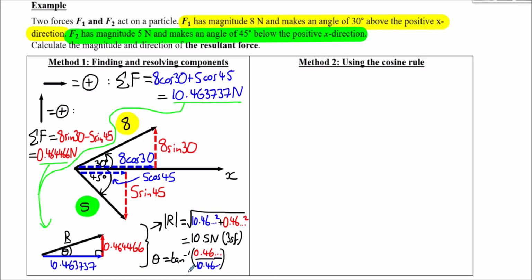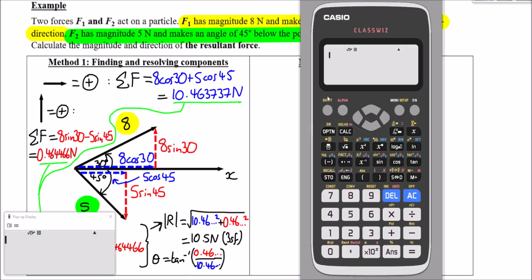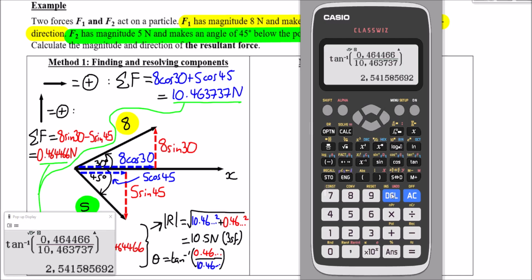Let's see what that gives us. So shift tan minus 1, 0.464466, and divide that by 10.463737. I get to three significant figures 2.54 degrees.